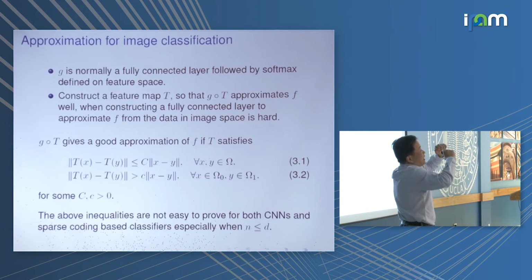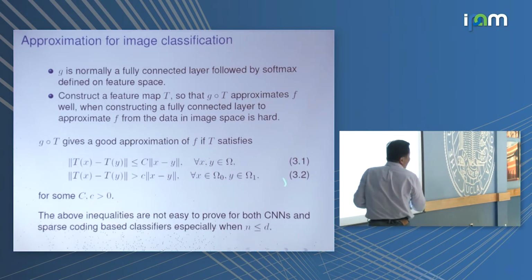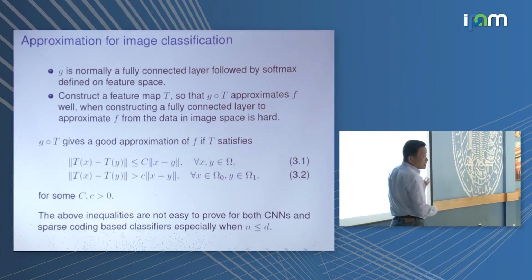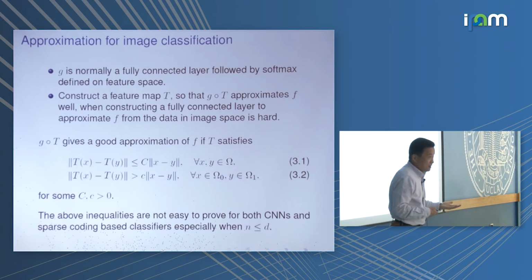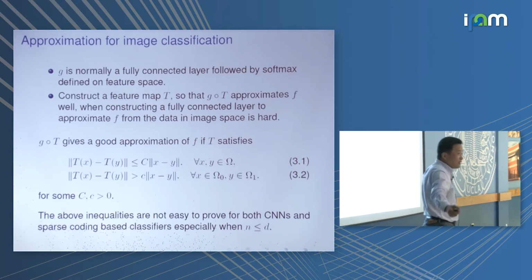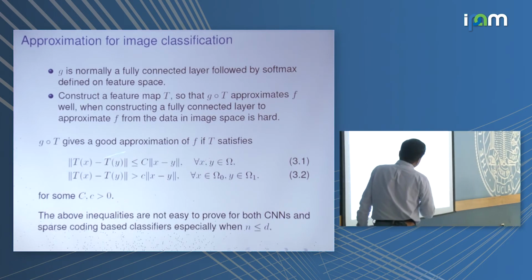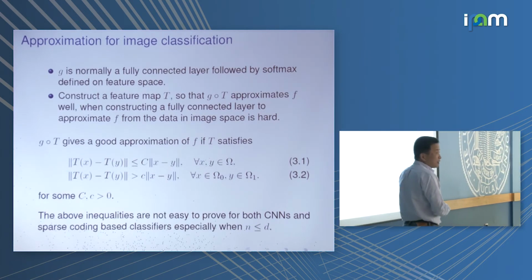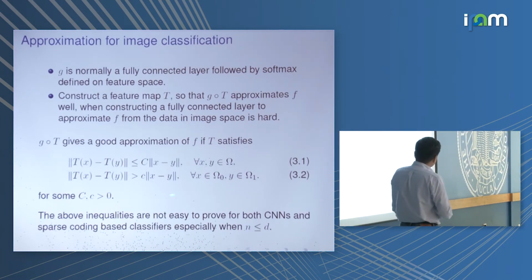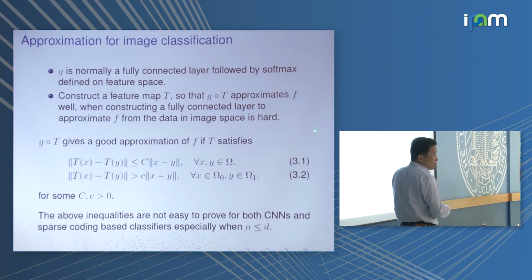You want to push them apart, and then it's easy: one line can separate them. But this property is not easy to prove for a given CNN architecture, because it was not designed by me, it was designed by somebody else. Given this architecture, that's what we did. We try to prove it has this property.